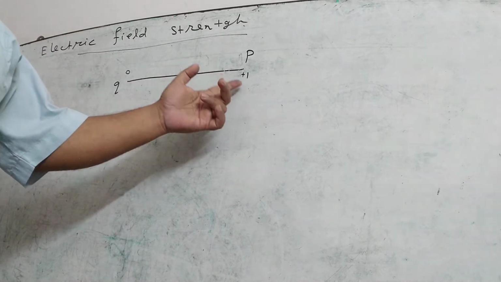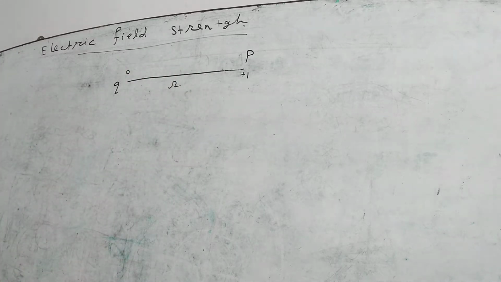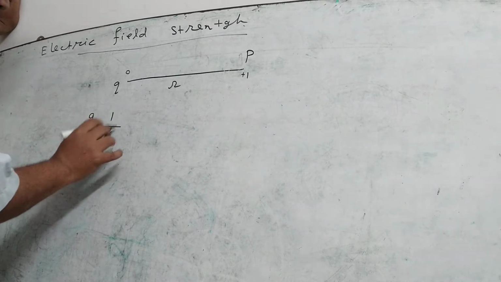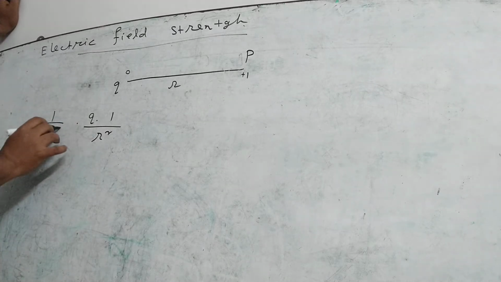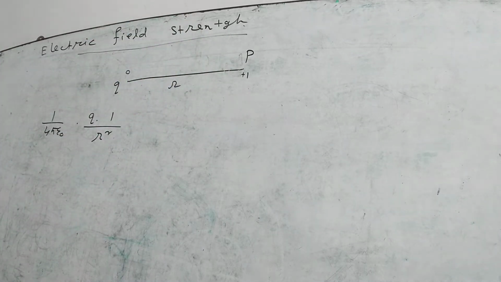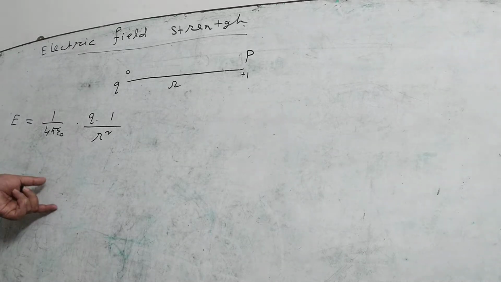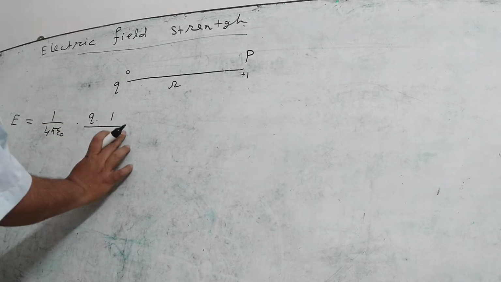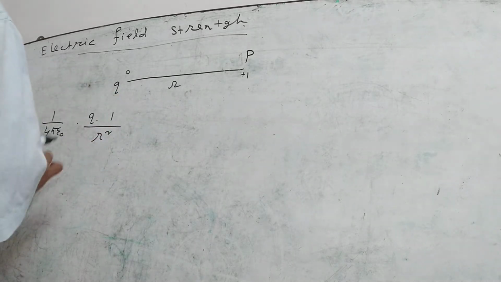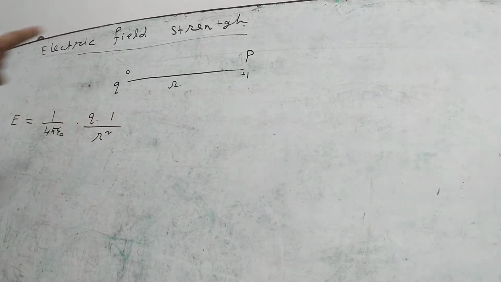Now the force experienced by the unit positive charge is Q into 1 by R square into 1 by 4 pi epsilon, when the experiment is conducted in air or vacuum, and this force is denoted by capital E. This is known as the electric field strength at that point P due to the point charge Q. Or in short, we can say electric field at P due to the point charge Q. Clear?